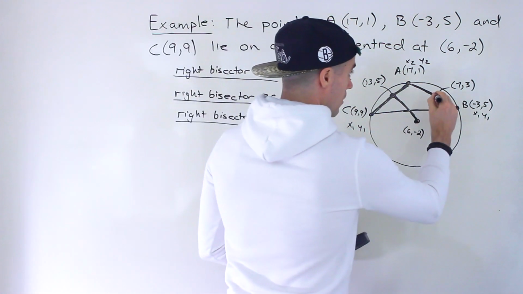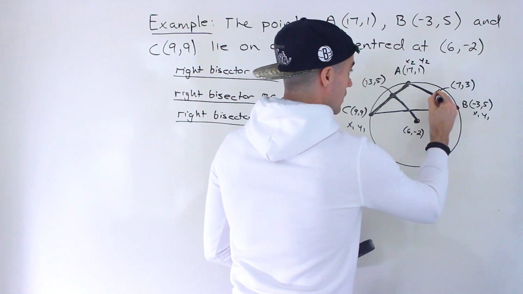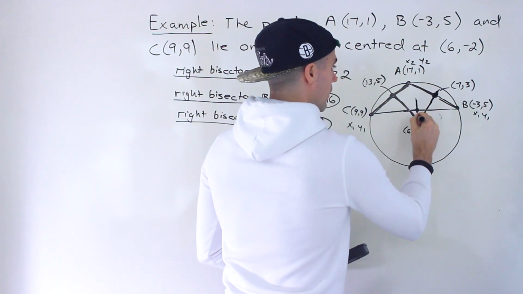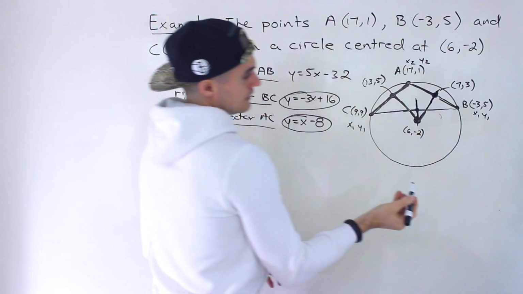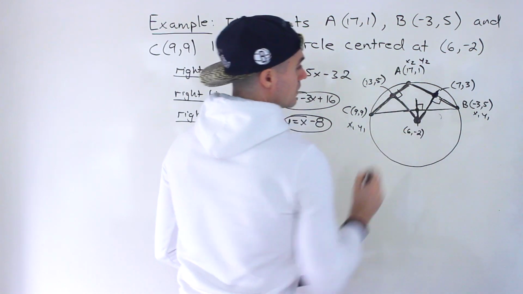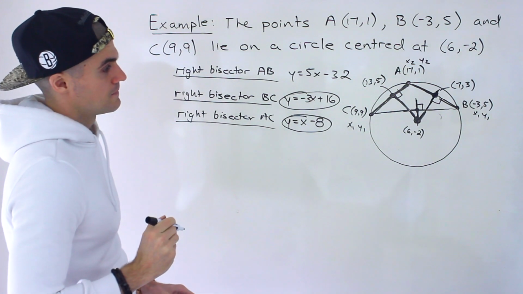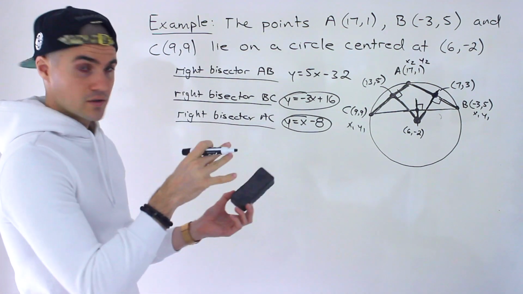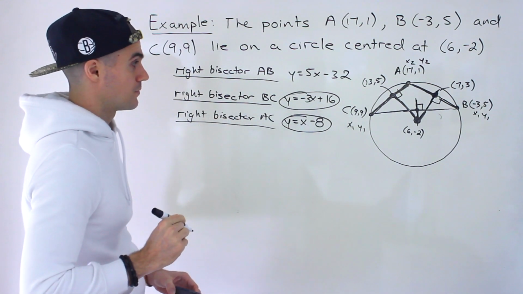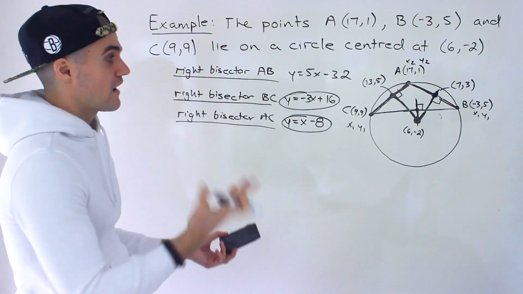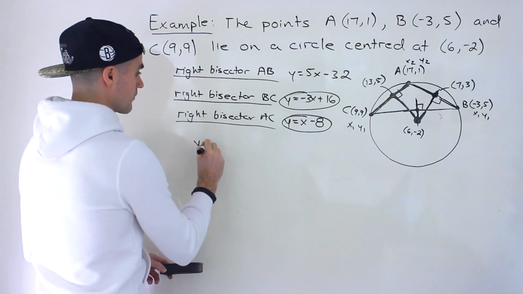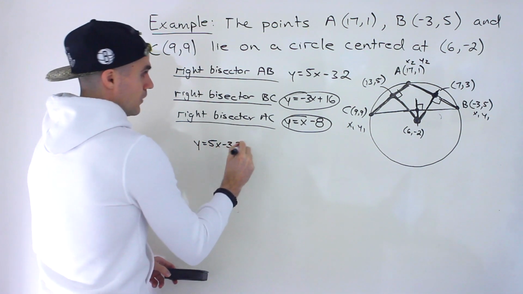And if we redraw all those right bisectors that we erased, notice that all of them are intersecting at that center of the circle, right? We got a right bisector, right bisector, right bisector, like that. Okay, so they're always going to be going through the center. The right bisector of any chord is always going to be going through the center of the circle. Okay, and then to verify, it's basically what we did when we were doing the check.